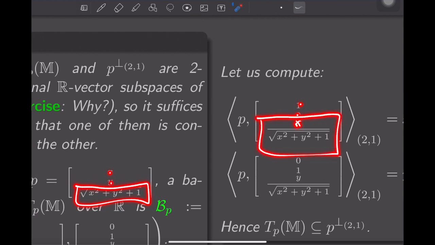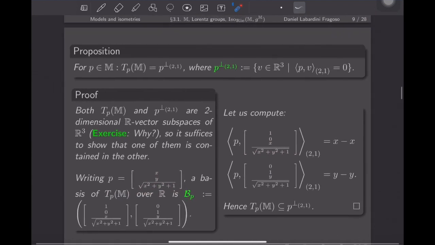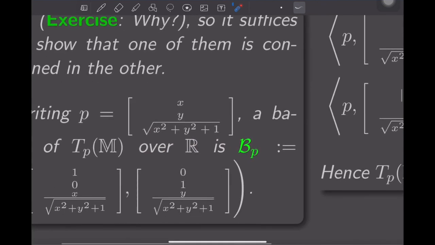And then you see it's x minus x, so it's 0. And same thing with this other vector. You pair it via the Minkowski form with P, and so it's 0 plus y minus this times this.